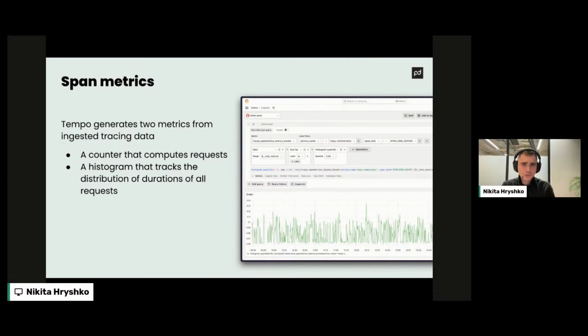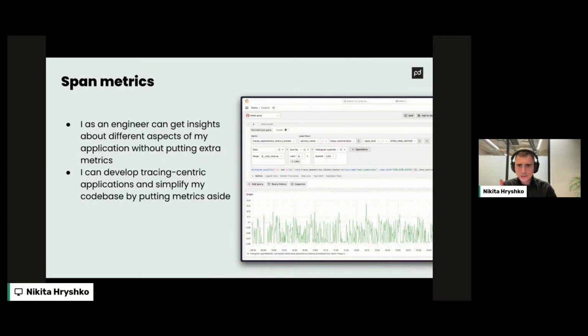And Tempo can do it for you, providing base metrics, counter, and histogram with distribution. But what does this mean for me as an engineer? This means that I can get relatively full insights of my application without putting extra metrics. And I can develop a traces-centric application and simplify my code base, putting metrics aside and putting some additional metrics context out of my head, which is great as well.